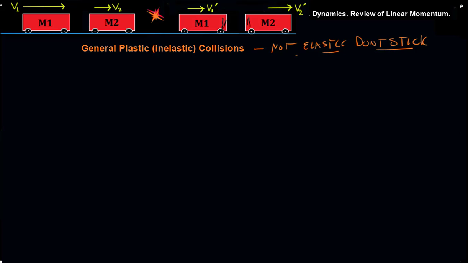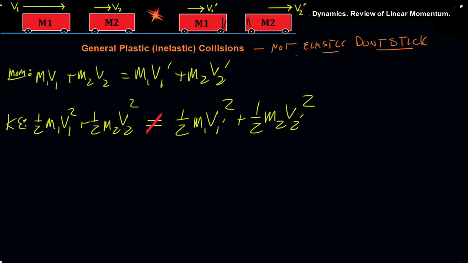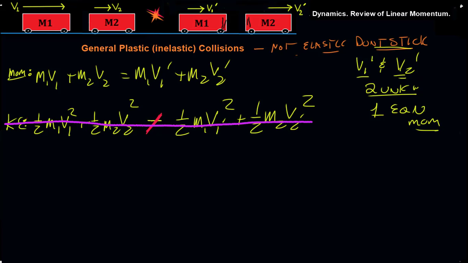The momentum equation is always valid, and the kinetic energy equation would not be valid, which presents a real problem in that if they don't stick together, we have a V1 prime and a V2 prime afterwards. So we have two unknowns, but only one equation, the momentum equation, since the energy equation isn't valid. So this problem would be indeterminate.